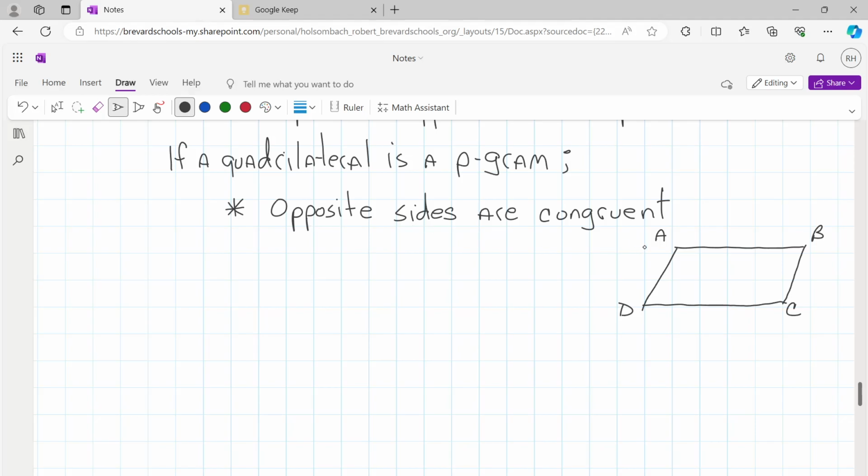Opposite sides are congruent, so AD is going to be congruent to BC, and AB is going to be congruent to DC. All right, top's congruent to the bottom. Left side is congruent to the right side.